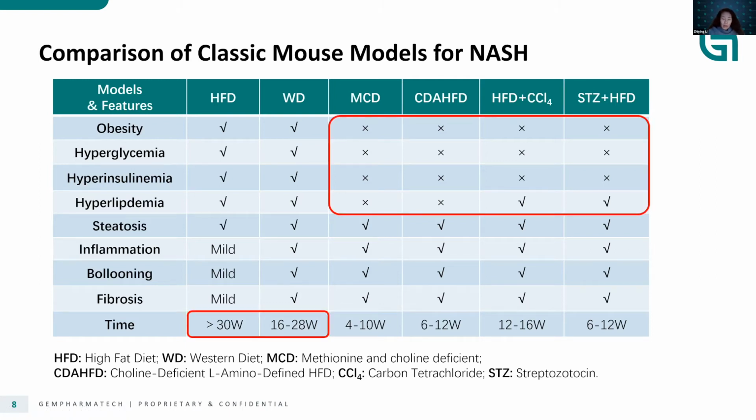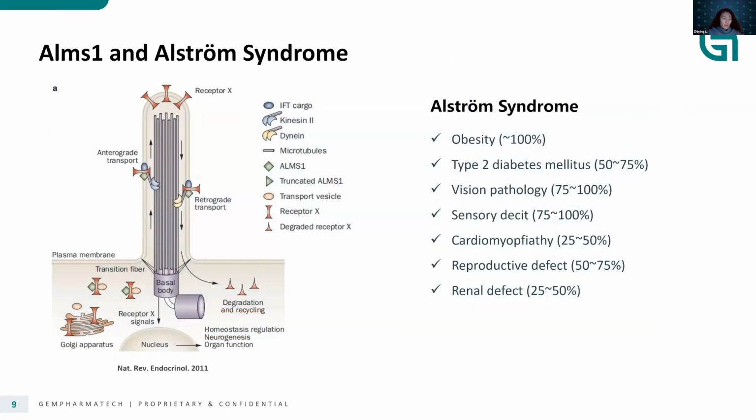So as I highlight here, what can we do to overcome these shortcomings? What we thought about is we would like to combine genetic dysregulation with a metabolic treatment, which is the diet treatment.